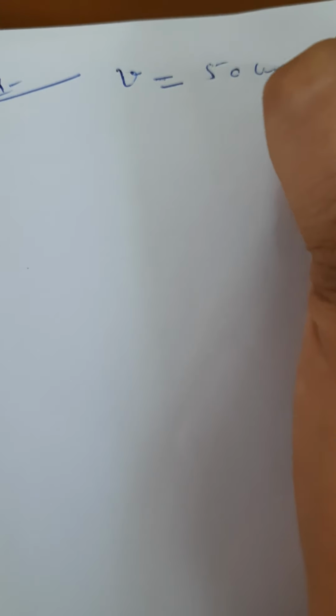Suppose we have a convex lens that is forming a real and inverted image of a needle at a distance of 50 centimeter from it. They are not giving the position of the object, they are saying the image is formed at 50 centimeter. Image distance is 50 centimeter.